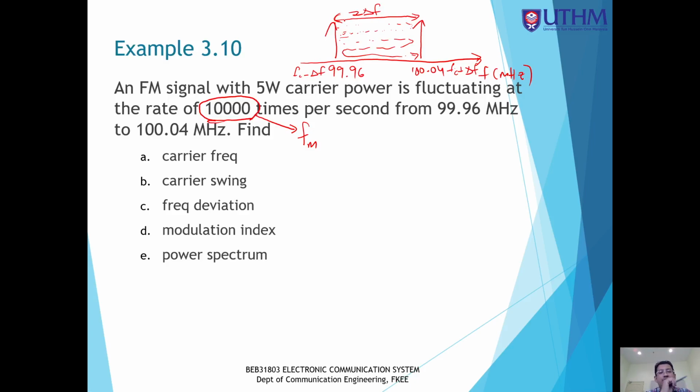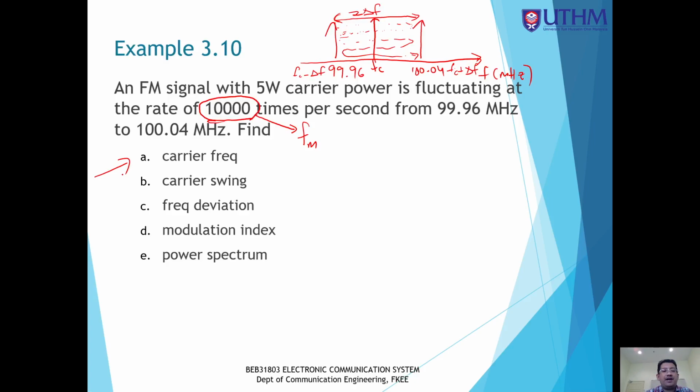If you see from here, the lowest frequency is 99.96 and the highest is 100.04 megahertz, and therefore the center would be the rest frequency, which is fc. Okay, so let's go to the questions.